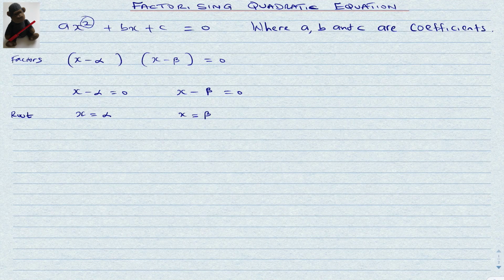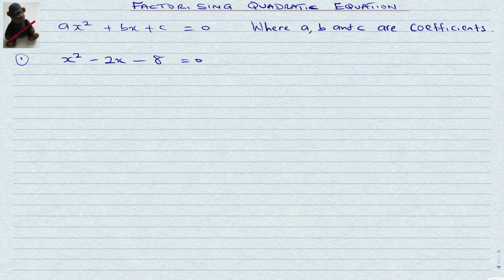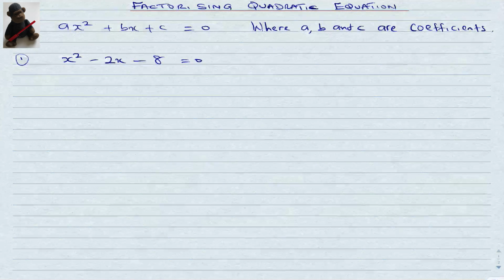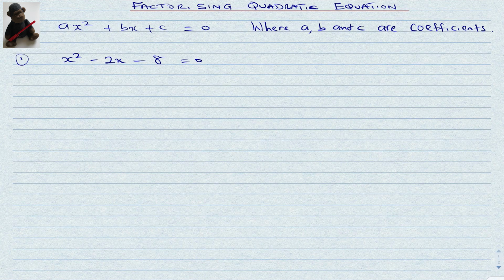Now, let's try and solve a quadratic equation. Now let's solve this quadratic equation. X squared minus 2x minus 8. The coefficient of x squared, a, equals 1. And the coefficient of x to power 1, b, equals minus 2.